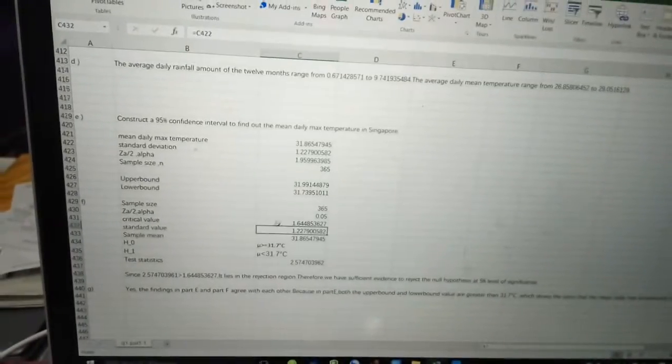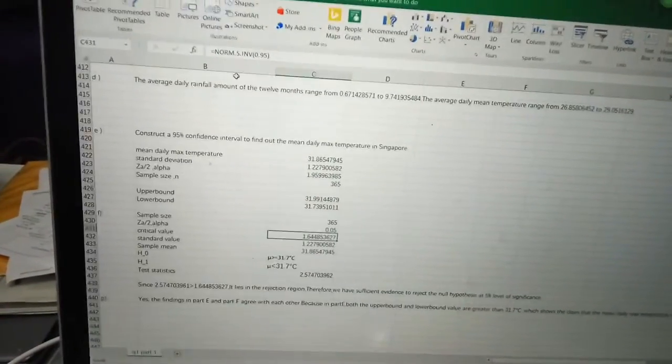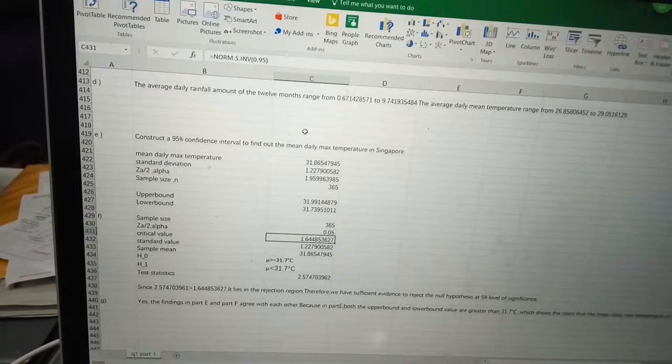The critical value is calculated like this. You need to use normal.s.inv 0.95, and then you need to get standard deviation and the sample mean. These two values are the same as the previous question.